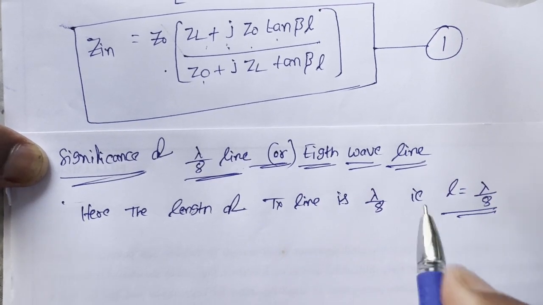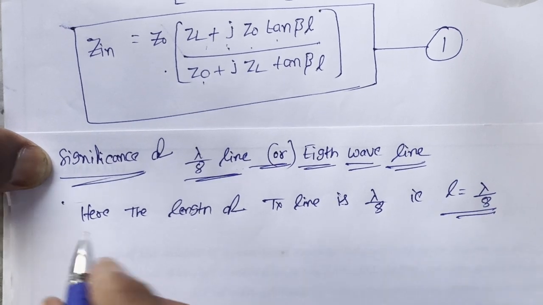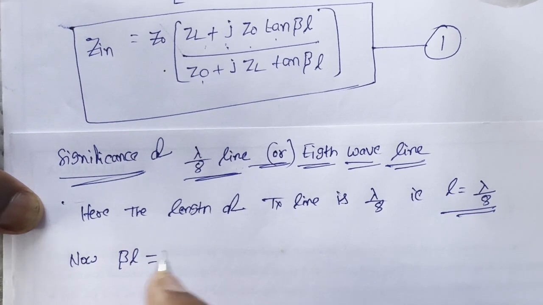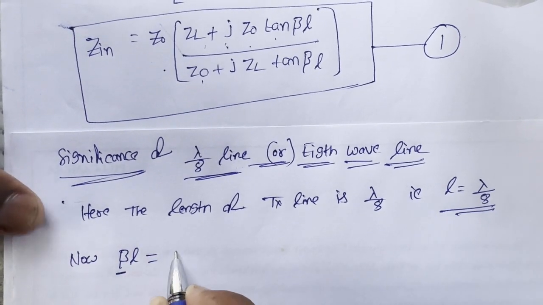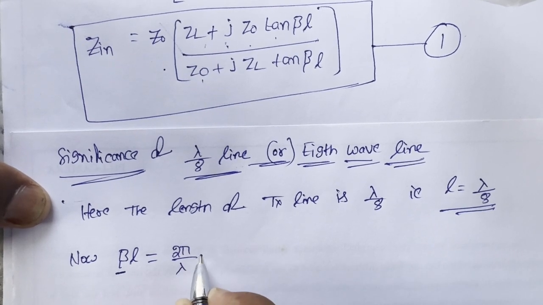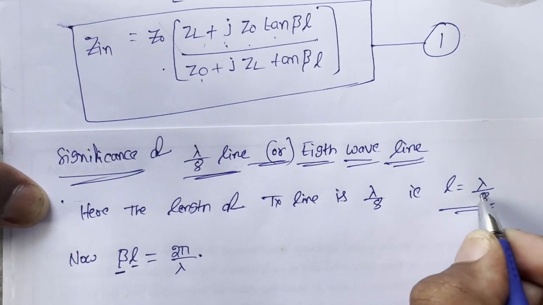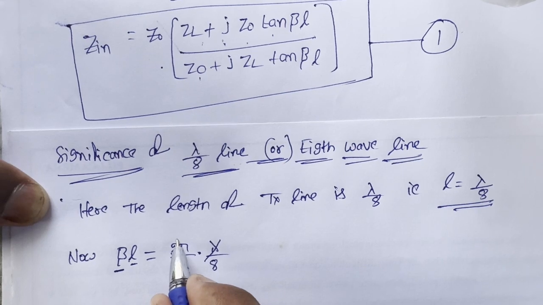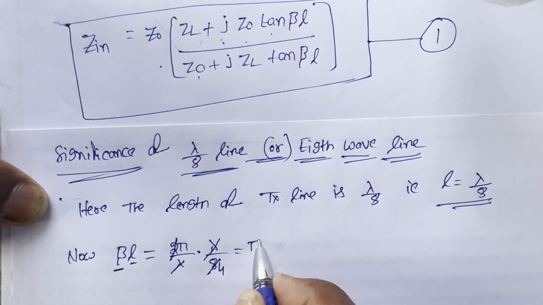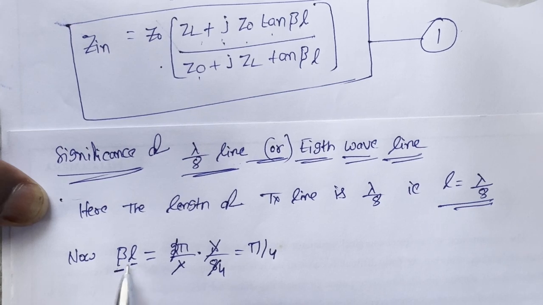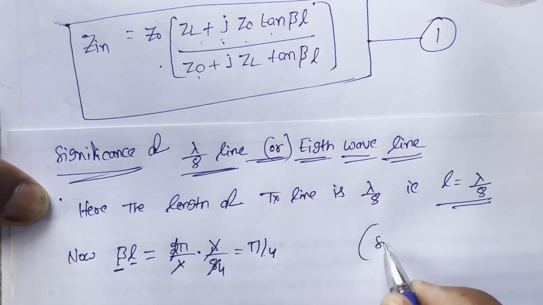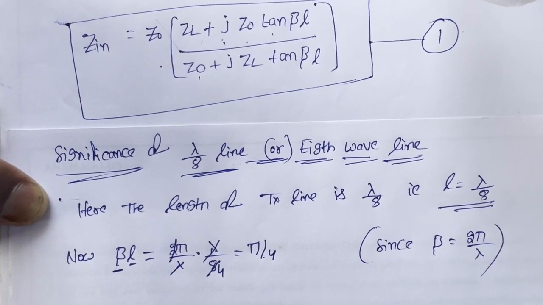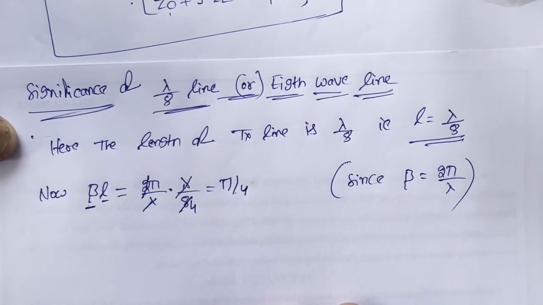Now beta L is equal to, we know that beta is 2 pi by lambda, into L which is lambda by 8. These two lambdas get cancelled, 2 by 8 is 1 by 4, so beta L is equal to pi by 4, since beta is equal to 2 pi by lambda.